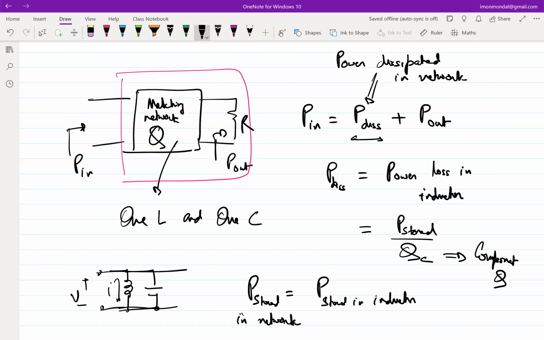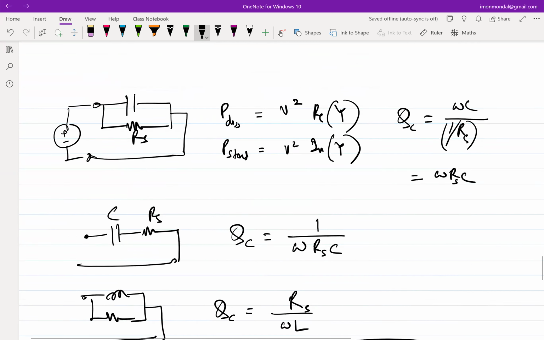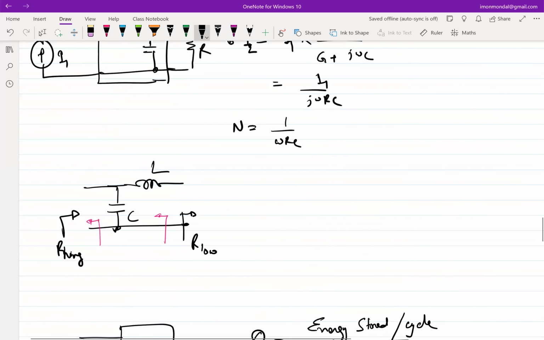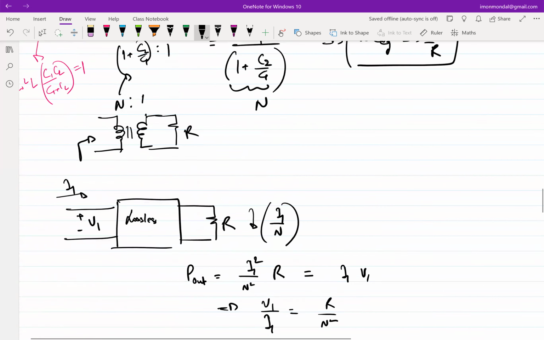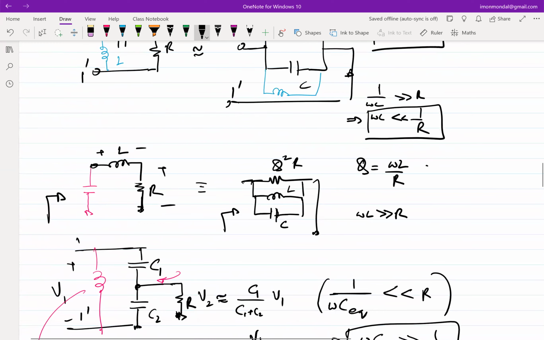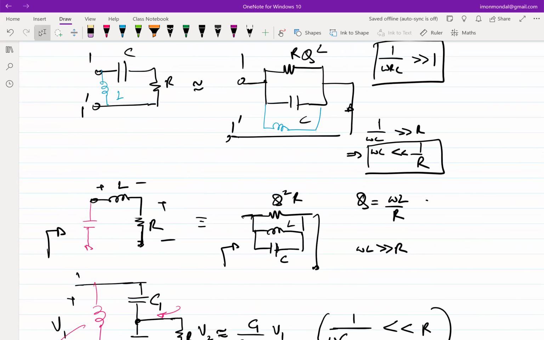Okay, if that is not clear, think of it this way. All these matching networks that we have done, let's take this example. What is the Q for this inductor and R circuit? Omega L by R. That R is essentially the load. While defining Q, I took the load into account.